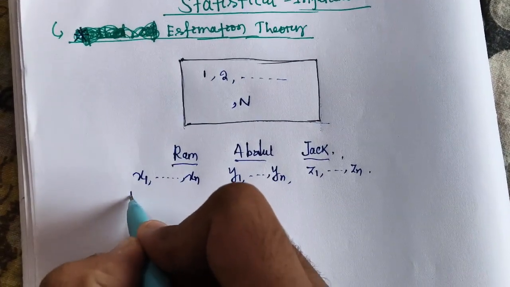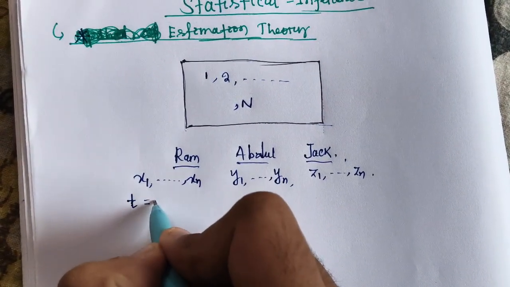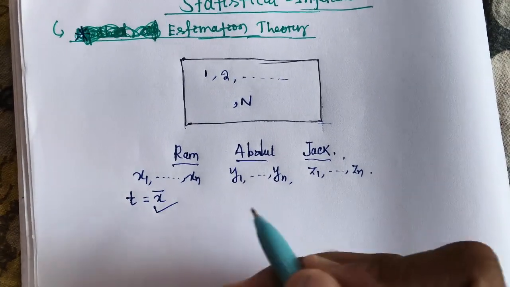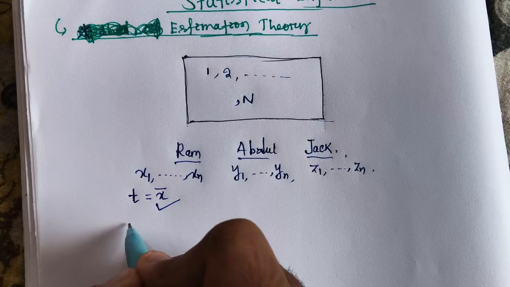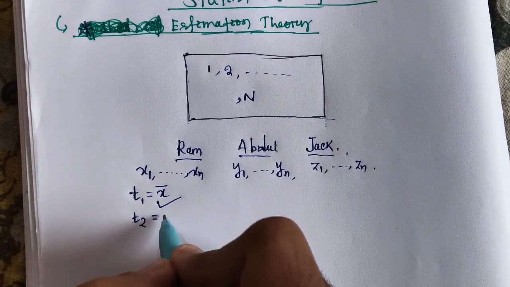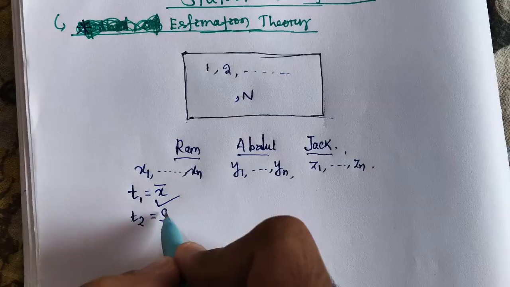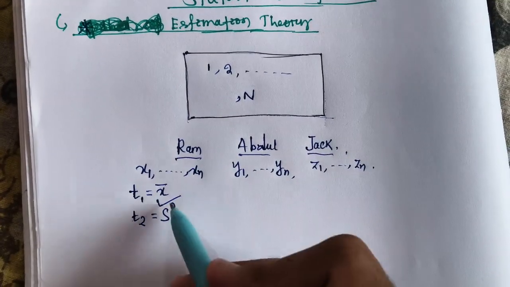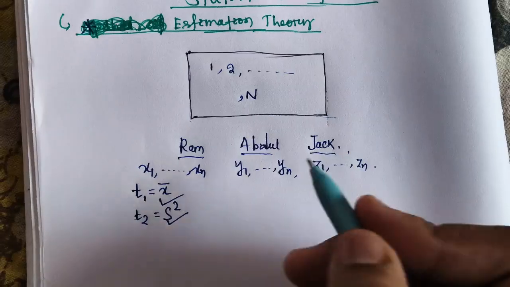Let I take t1 equal to x bar, which is the mean of this sample. So this can be an estimator. Let I take t2 equal to s square, the sample variance, which can be an estimator.